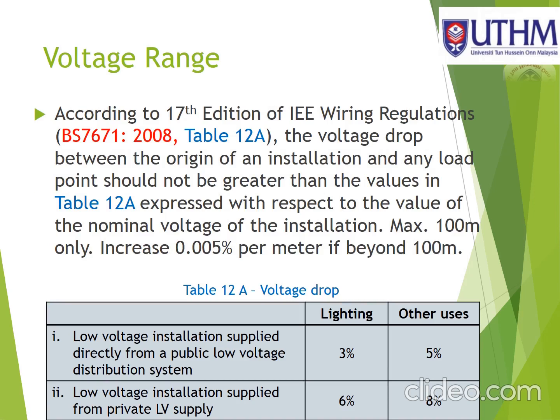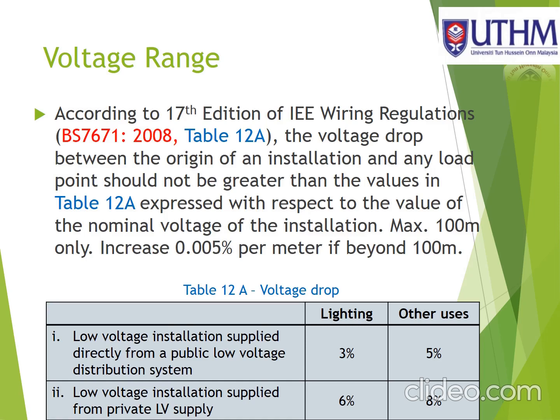This is the voltage range. According to this standard, the voltage drop between the origin of the installation and any load point should not be greater than the value in this table. So this table is the voltage drop range that will be considered for our design.